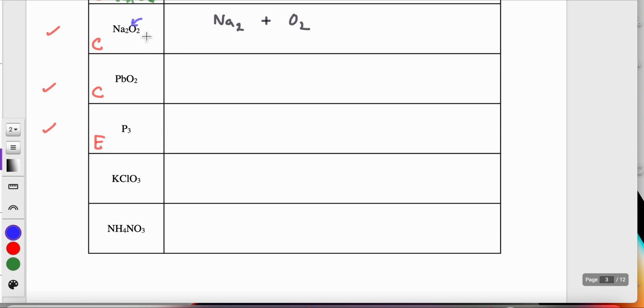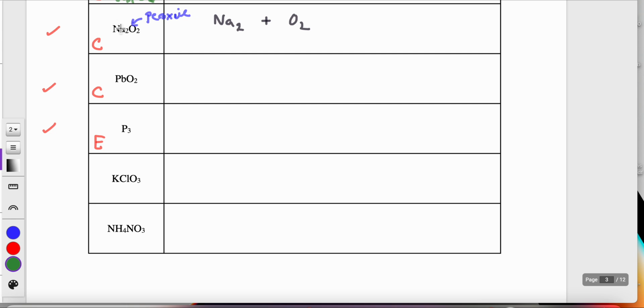And so when it contains oxygen, I have to ask myself, is this common oxygen, a possible peroxide, or oxygen bonded with fluorine? Well, I can see really easily that oxygen is not bonded to fluorine. This formula ends in O2, which means it's a possible peroxide. So I have to check myself if it is a peroxide.